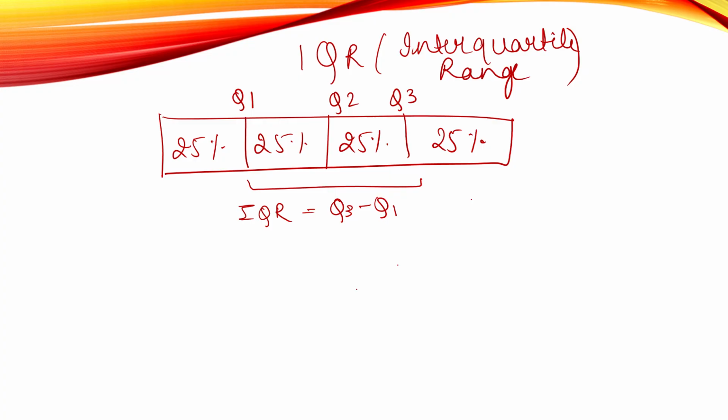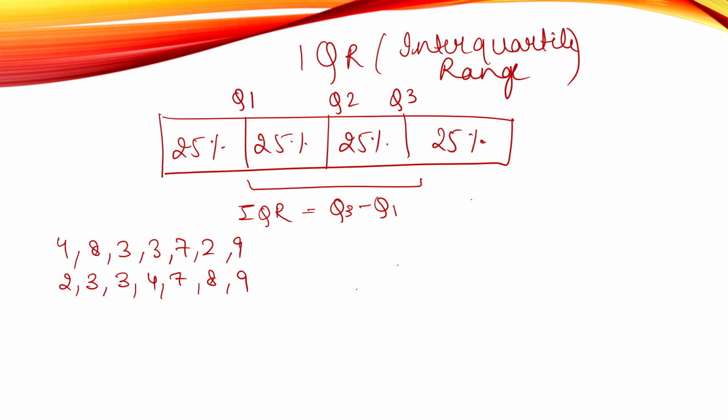Now, suppose we have an odd number of elements, let's say 4, 8, 3, 3, 7, 2, 9. First sort them in ascending order: 2, 3, 3, 4, 7, 8, 9. Now divide them into four equal parts.